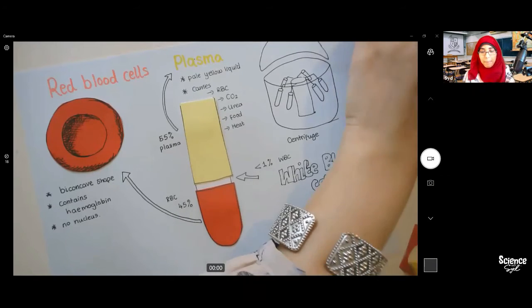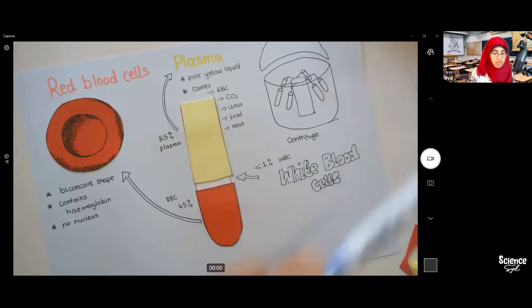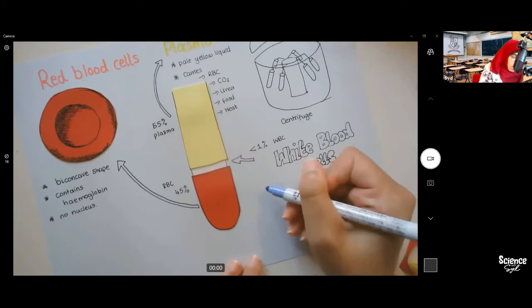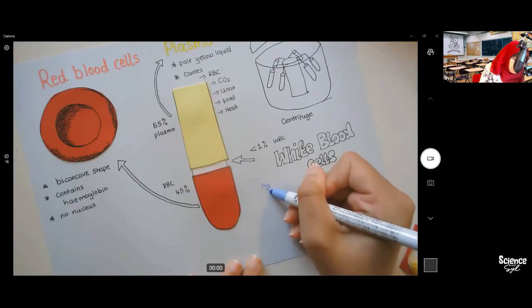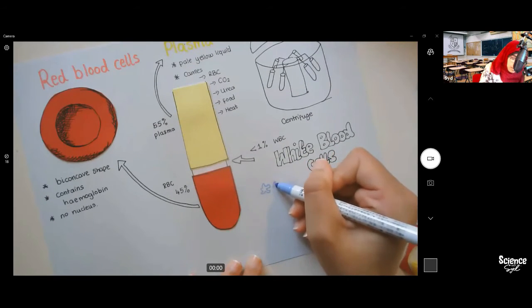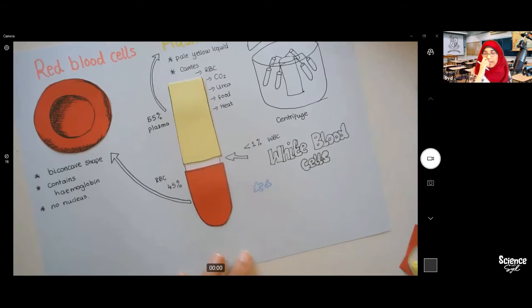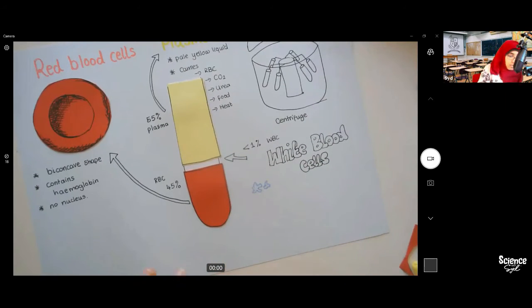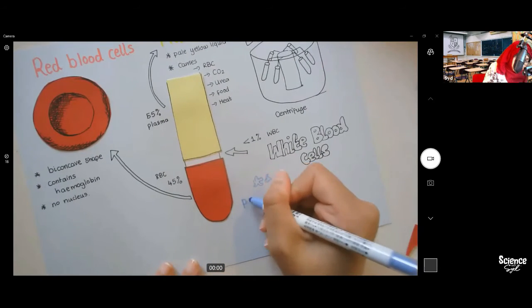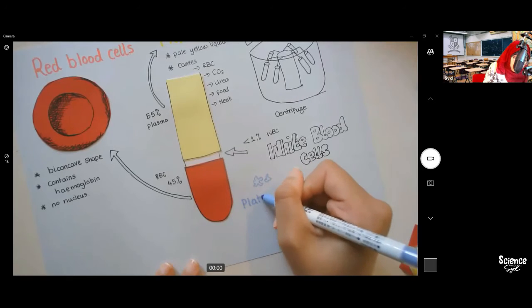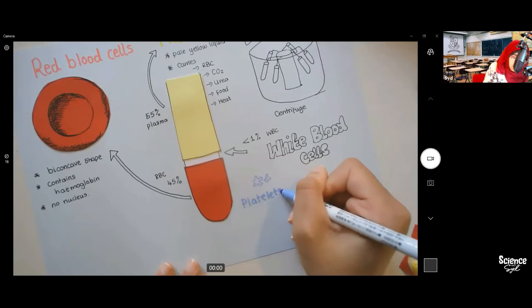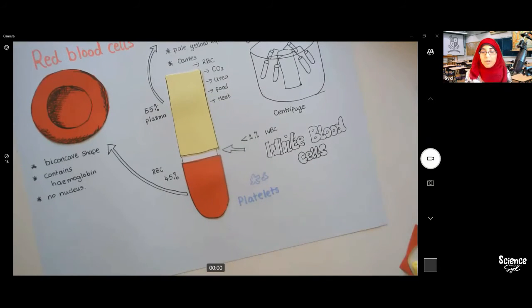Platelets are little fragments of cells. So they're like this. And I'm going to write it here, platelets. The little fragments of larger cells. So they look like little pieces.